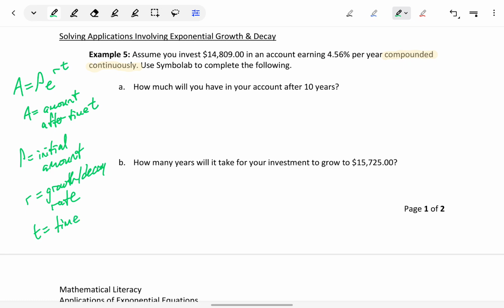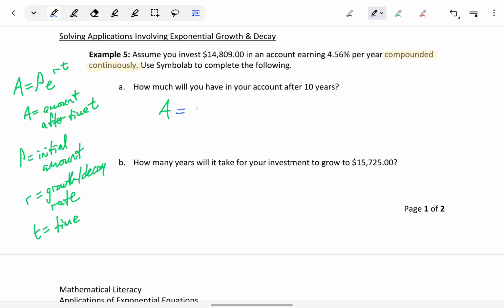So since we have an investment that's compounded continuously, that lets us know that we'll be using this formula. And in part A, we're asked, how much will you have in your account after 10 years? So using that formula, A is the missing amount that we're after, because that's how much will be in the account after 10 years.